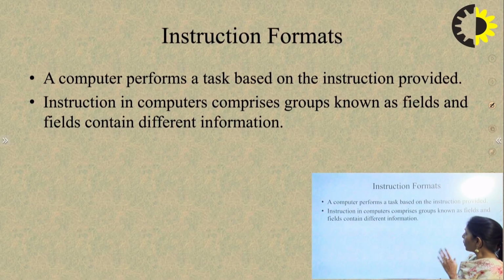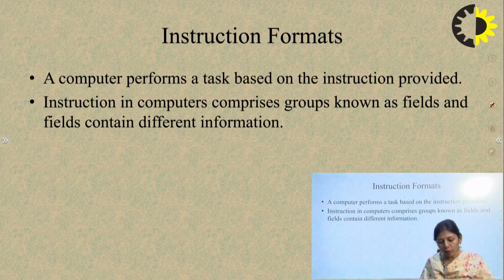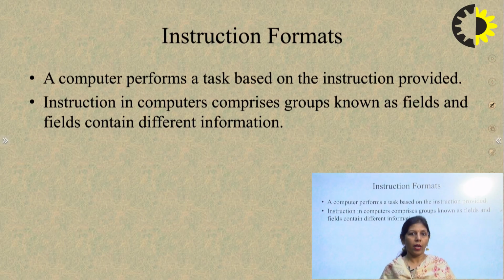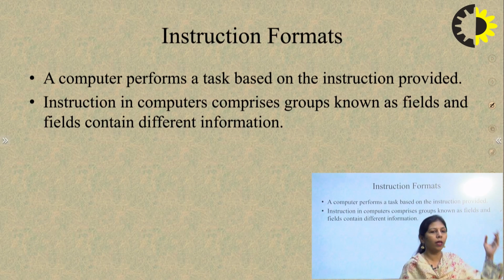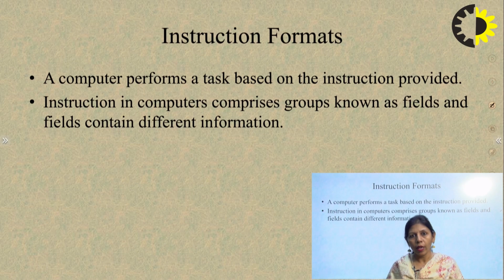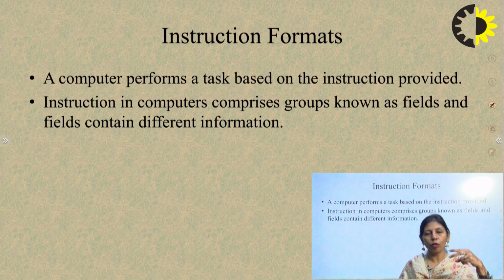Okay. So basically we can say the instruction format is a language. It's a sentence. In an analogy with English, we can say that it's a combination of verb, noun and preposition. That means how to do, what to do, and upon what it has to be done. So it is a combination of verb, then noun, and then preposition.